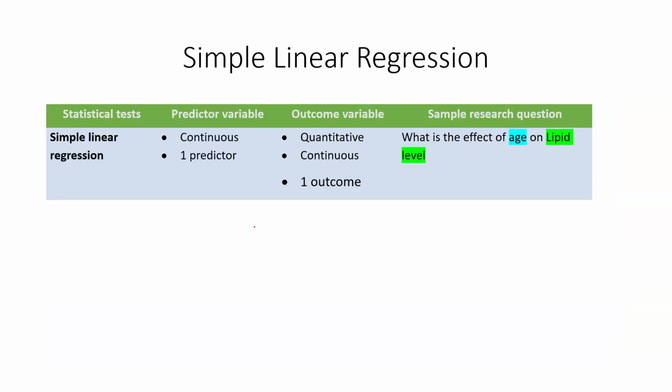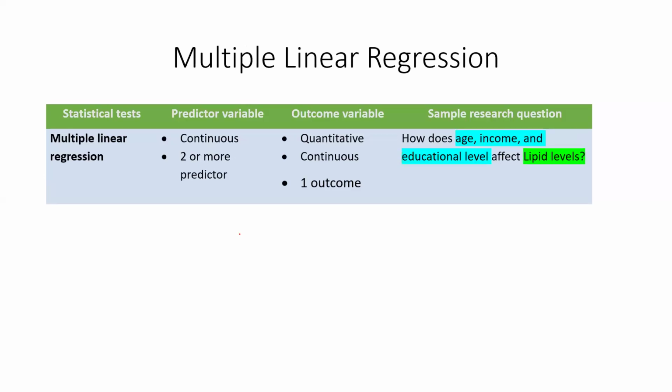Okay, let me just go to the next slide. So, linear regression, I want to write it down so that I don't have to come back here. I'm checking between age and lipid. Multiple regression, I'm checking age, income, educational level, and lipids.